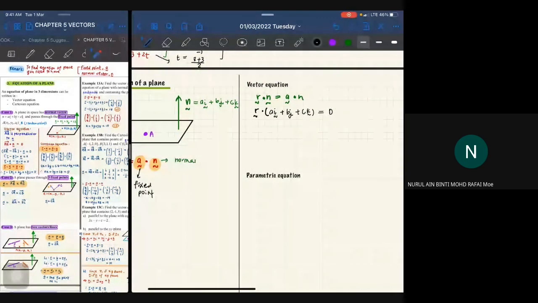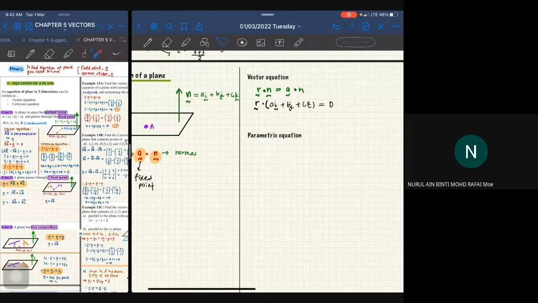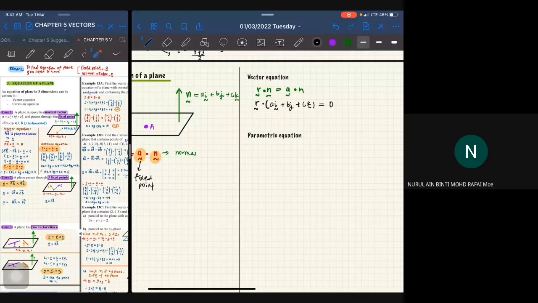Okay, so that is all for vector equation. So what about parametric equation? So untuk parametric equation, kita just tukarkan dia kepada bentuk column matrix. It's just the same with equation of line. So you change every vector that you have here in the form of column matrix. So first awak ada R. So R awak dia adalah x, y, z. Dia adalah random point.